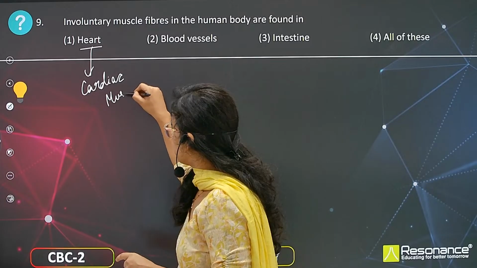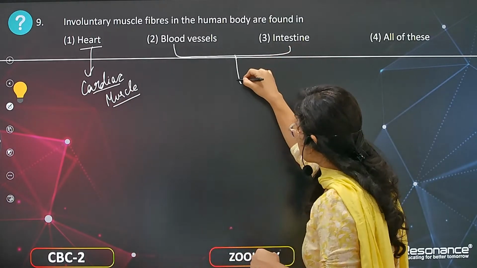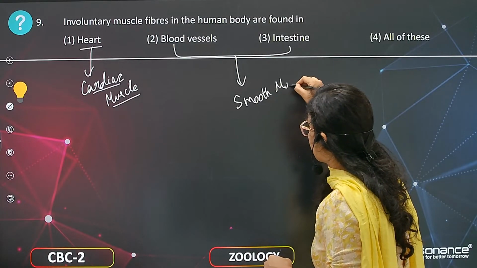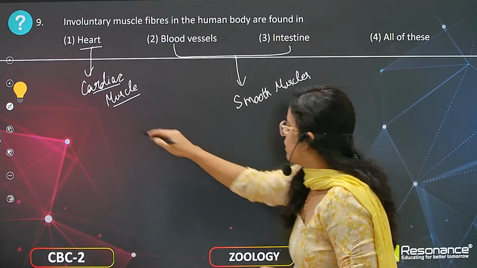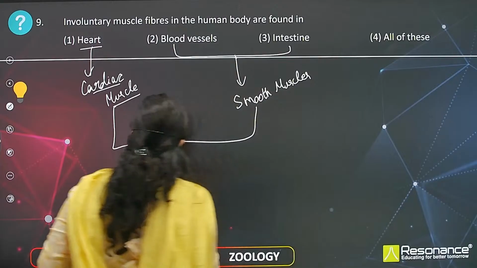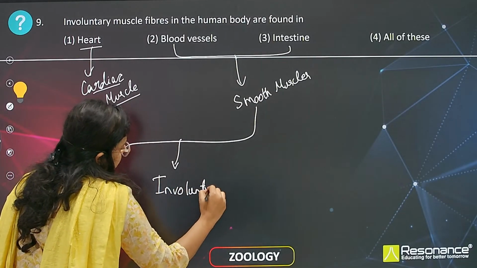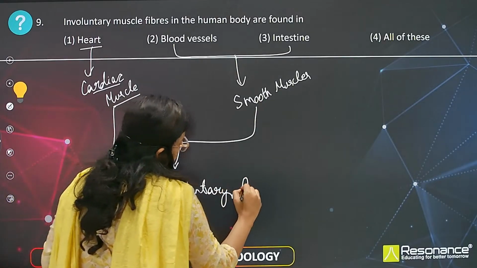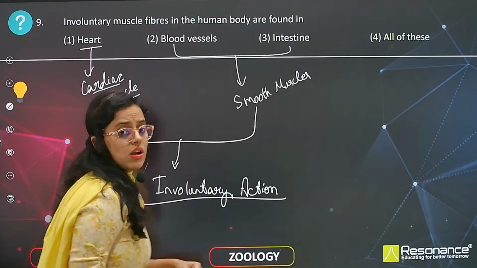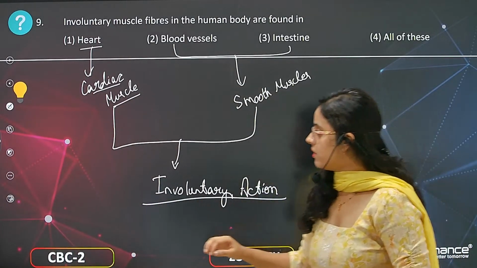Blood vessels and intestine consist of smooth muscles, right? And cardiac muscles and smooth muscles have involuntary action. So question number 9, the answer is involuntary action.